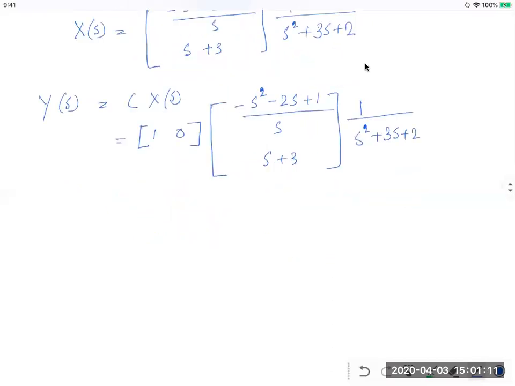So if we simplify, then we'll get s square minus 2s plus 1 by s into s plus 1, s plus 2.